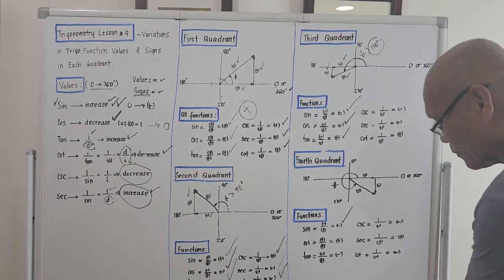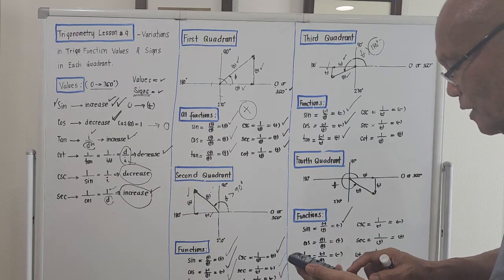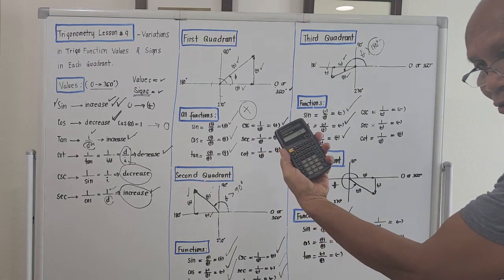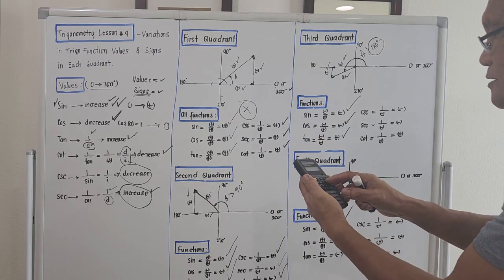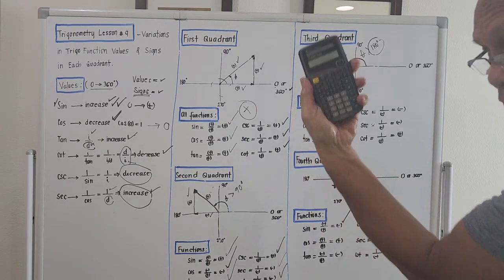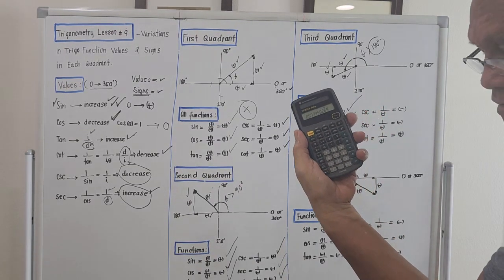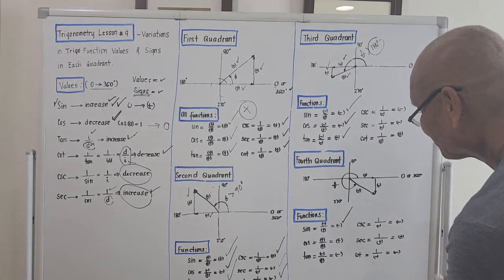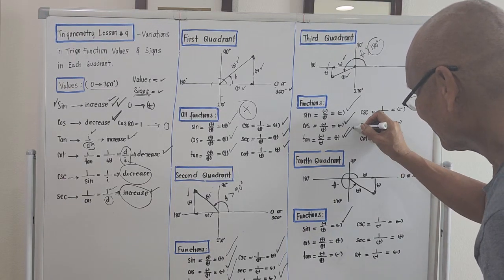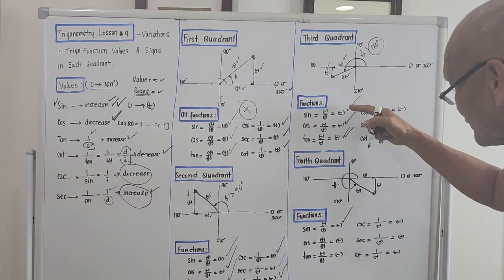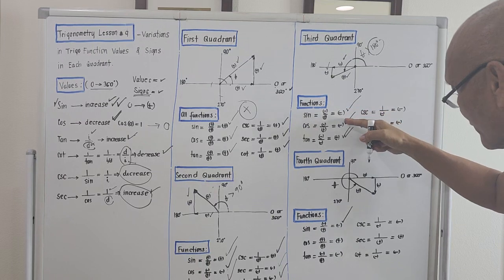Okay, let's try to bring out 210 degrees. It falls under the third quadrant. We will take the tangent function of that one. It's a plus. 0.57735. It's a plus. So this is correct. Right? And that plus emanates from this. A ratio of a minus over a minus, it's a plus.